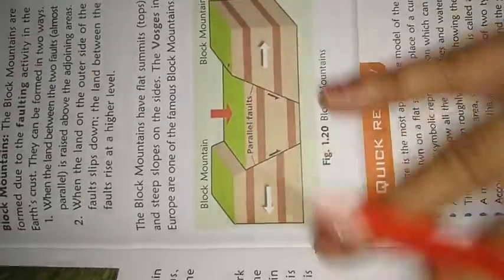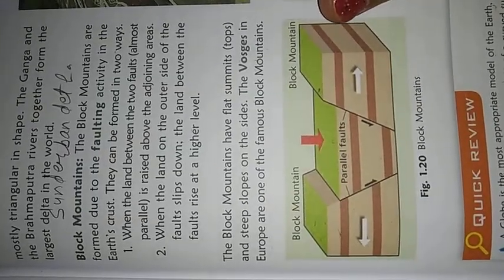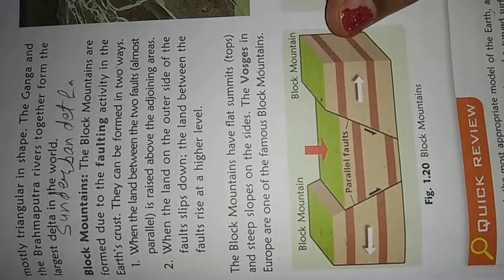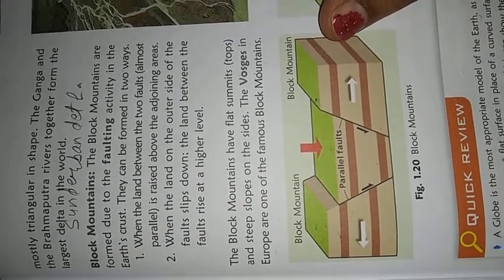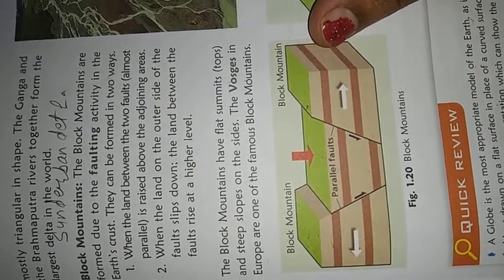So next is the block mountains. Block mountains are also formed by faulting activity. So block mountains can be formed in two ways.